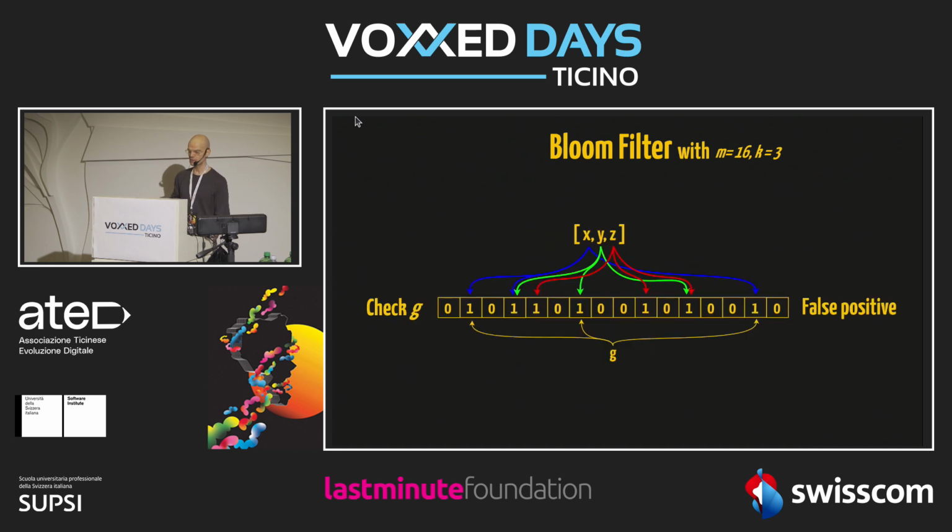And then comes the weird situation. We want to check G. G wasn't inserted in the set, because as we see, it's just x, y, and z. But the first hash function maps to an element which is set to 1, the second does as well, and the third does as well.